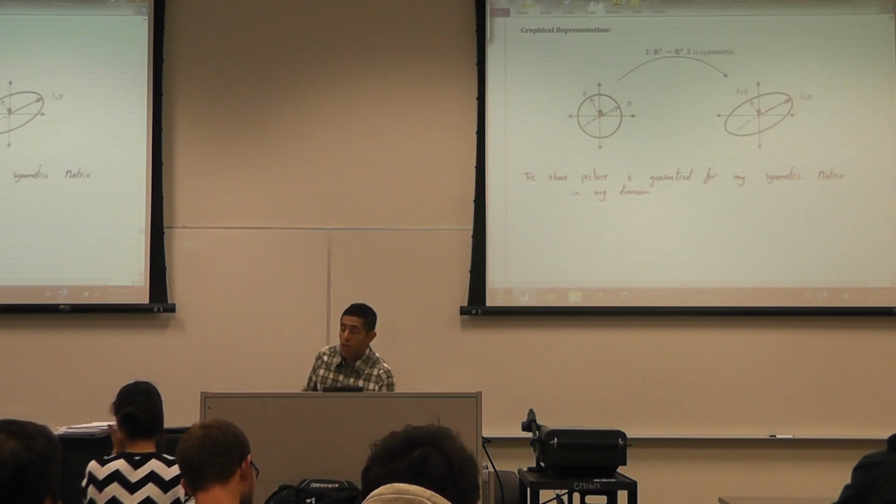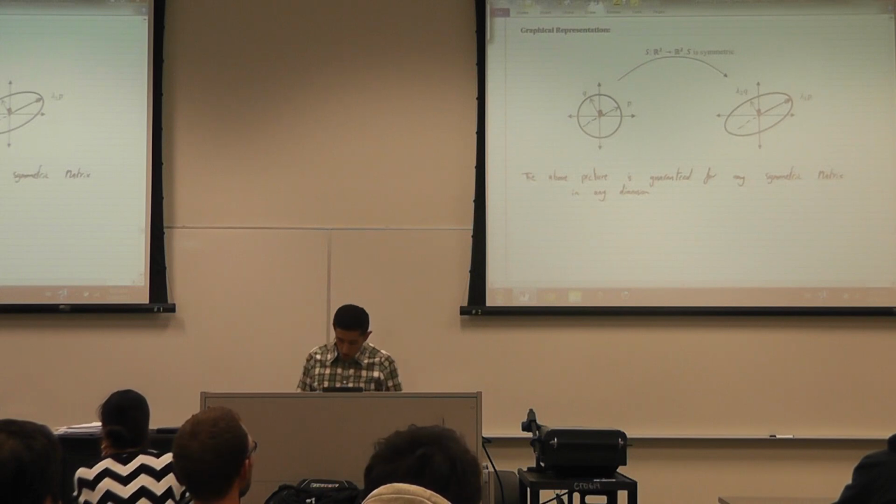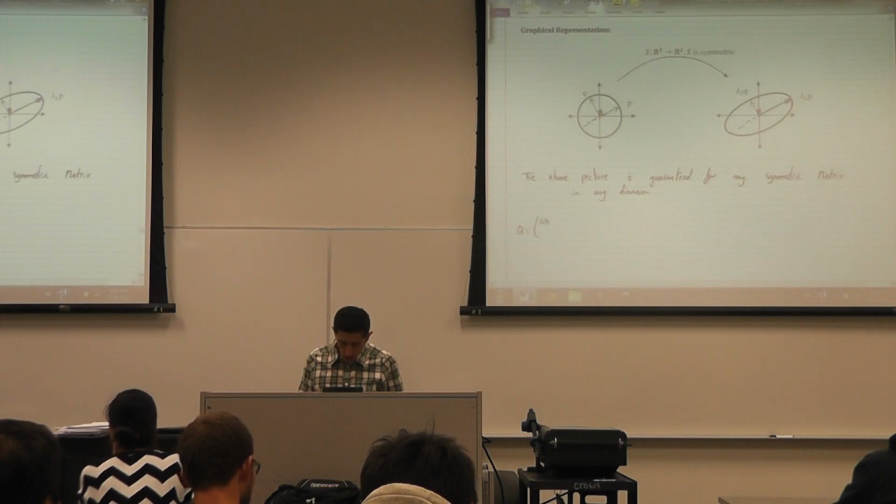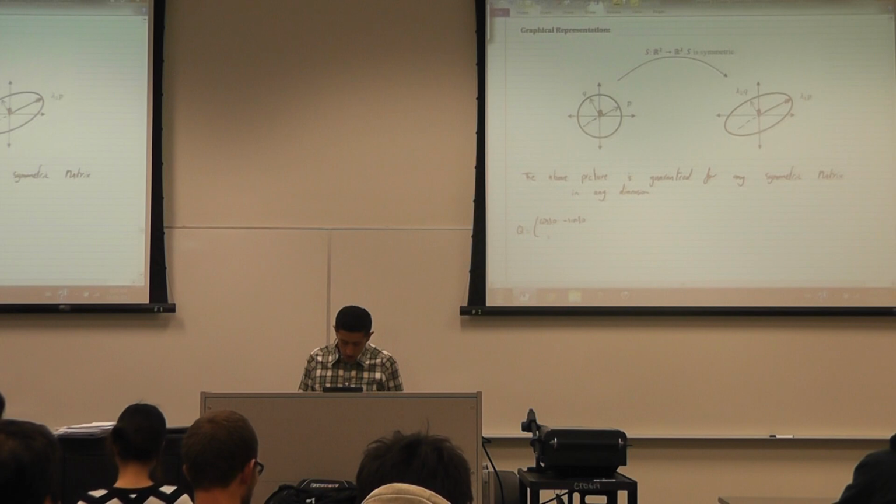Now, this is not always guaranteed. Let's, for example, consider Q, which is equal to cosine 30, negative sine 30, sine 30, cosine 30.